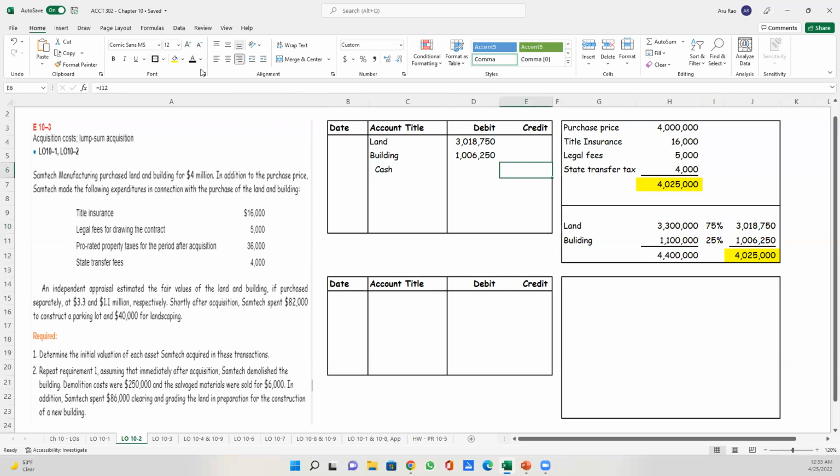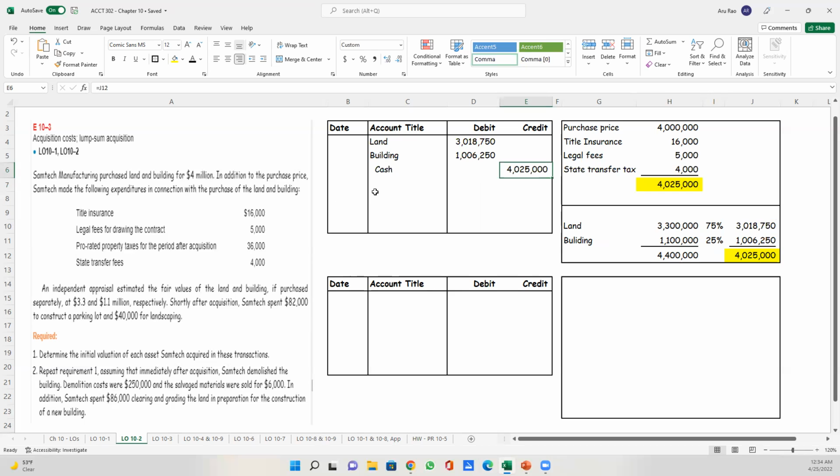The total that I paid is 4,025,000. That's a number that I have paid, the total amount. The allocation is based on the appraisal value of the two assets independently. Now I also spent $82,000 on a parking lot and $40,000 on landscaping.